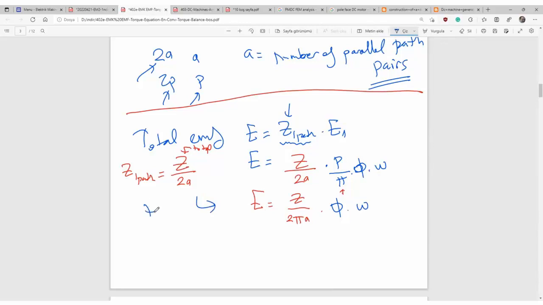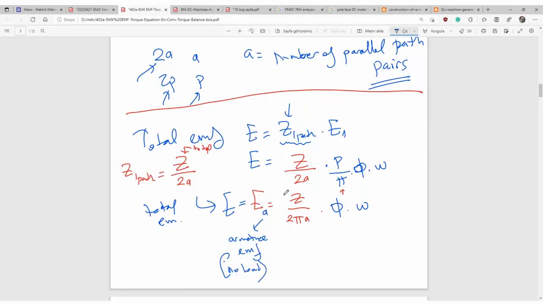So then we call it armature EMF, between the branches, when there is no load. No load conditions. I will introduce you.